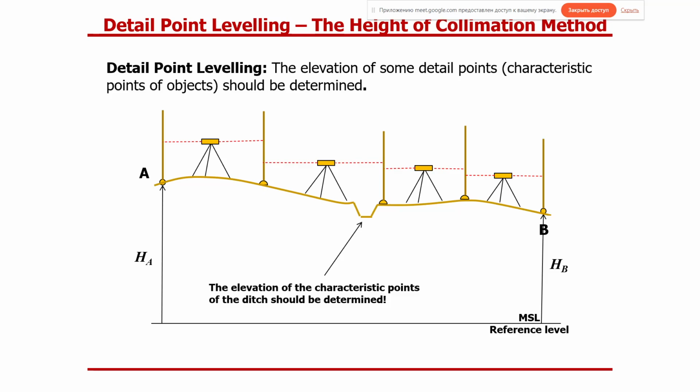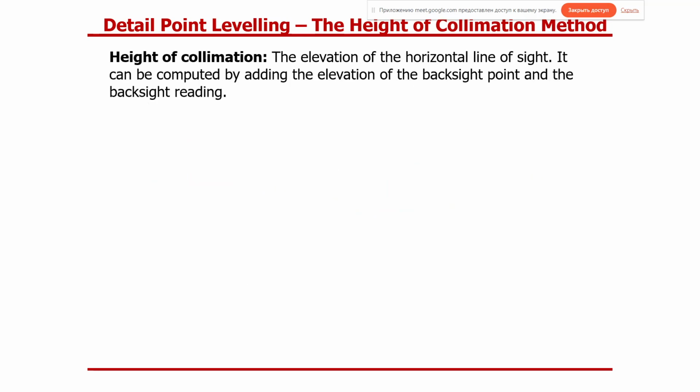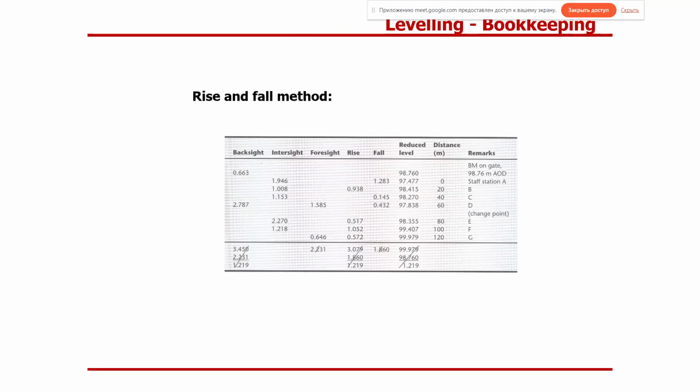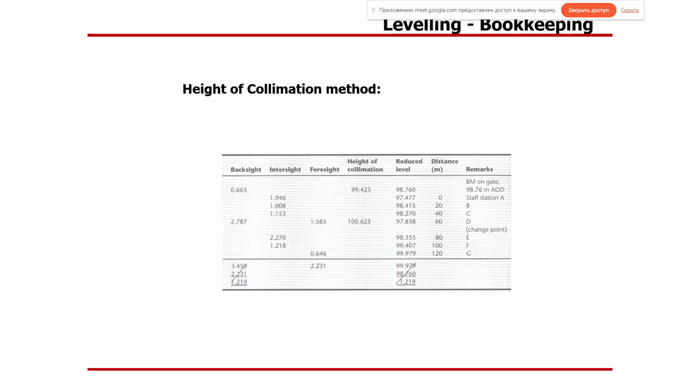Well, height of collimation, the elevation of the horizontal line of sight, can be computed by adding the elevation of the backside point and the backside reading. You can see example of rise and fall method, and here height of collimation method.